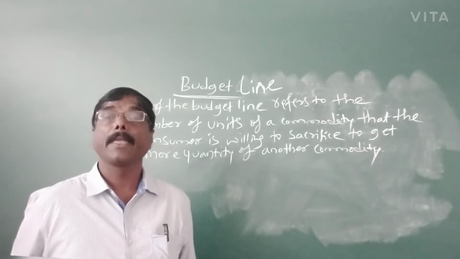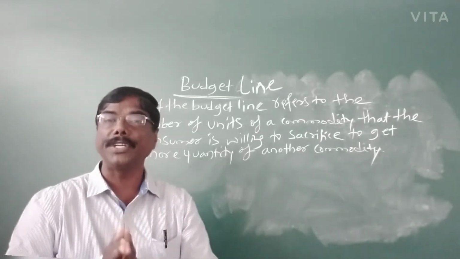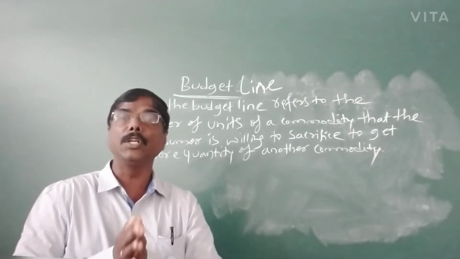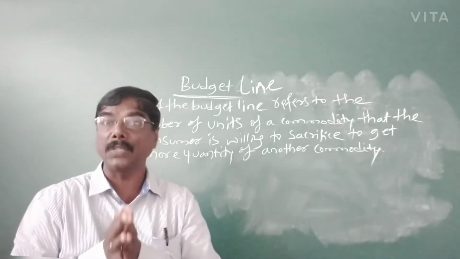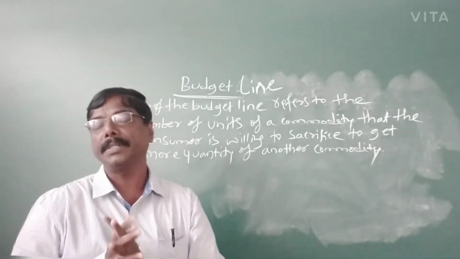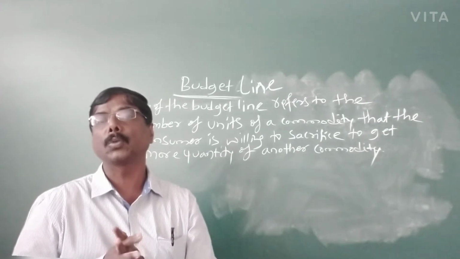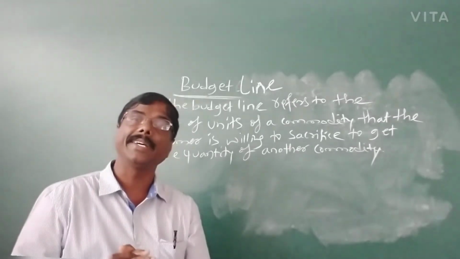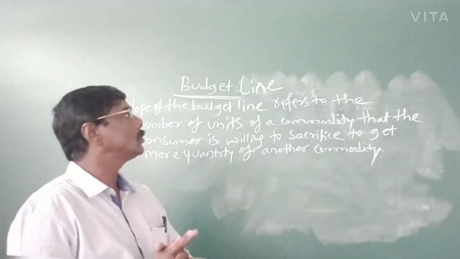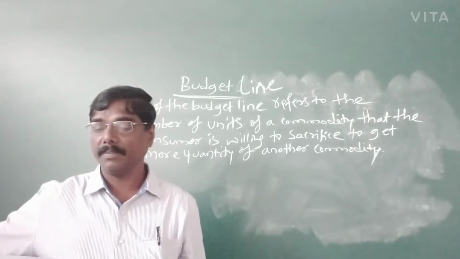How much quantity of a commodity he is willing to sacrifice to get another commodity, more quantity of banana, is known as the slope of the budget line.